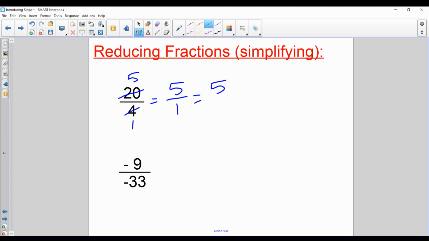So if I look at 9 and 33, well, 3 goes into both of those. 3 goes into -9, -3 times. 3 goes into -33, -11 times. One thing to remember is that when I am dividing a negative by a negative, that's going to be a positive. So this would just reduce or simplify to 3/11.